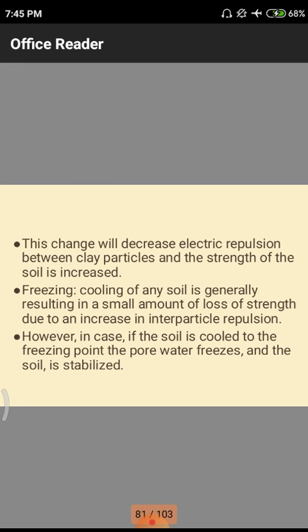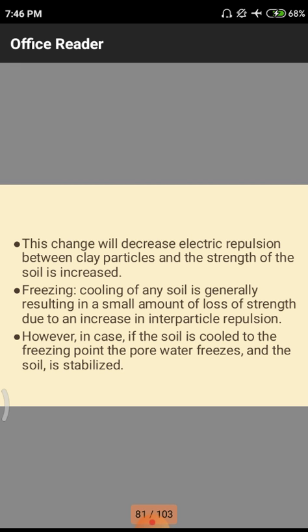Whenever this oxygen is more, automatically the total soil will have a huge amount of weight. Due to that weight, there may be some increment of density. Automatically, due to this density increment, some quantity of the soil's strength will be lost.